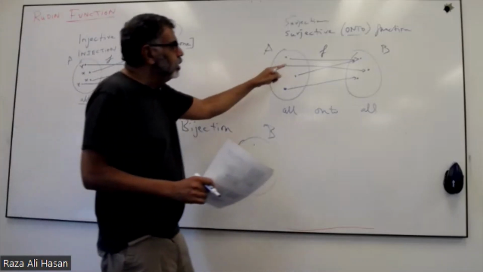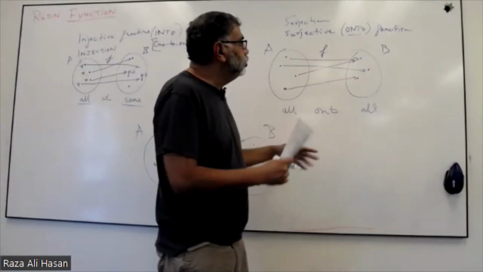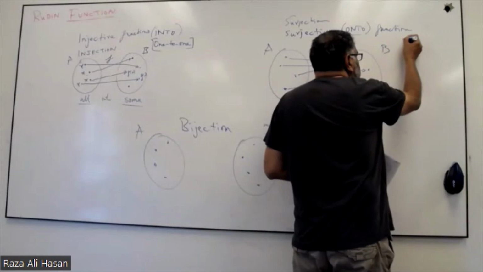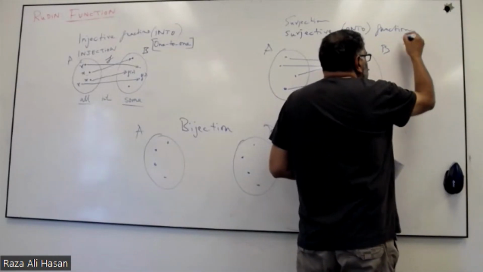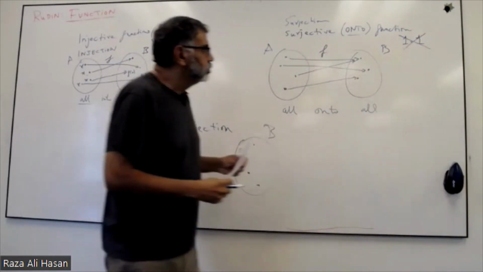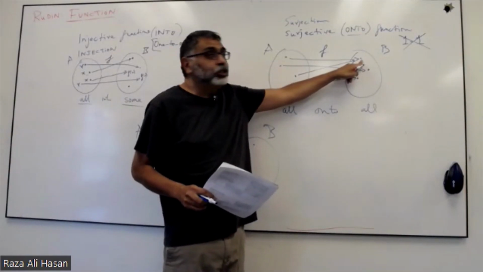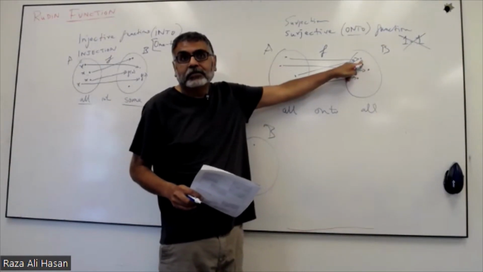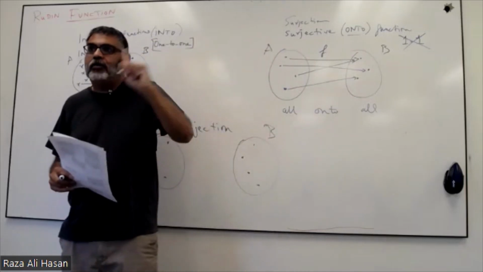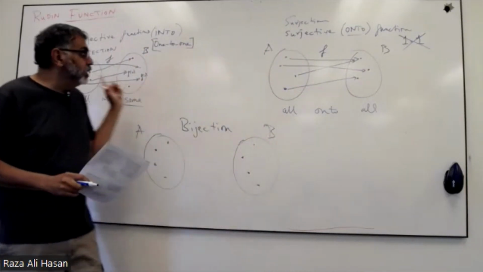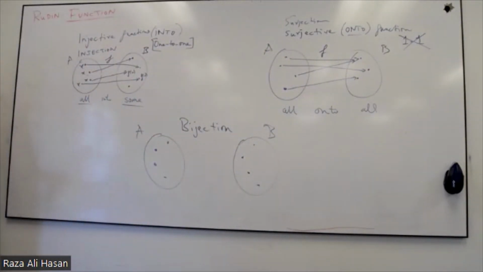While over here, this is not one-to-one, because one of the elements in set B has two arrows going into it. If you have one arrow going between two elements, then it is one-to-one.